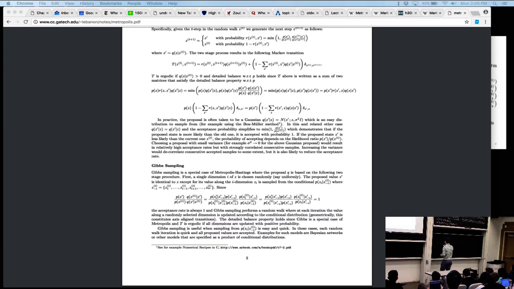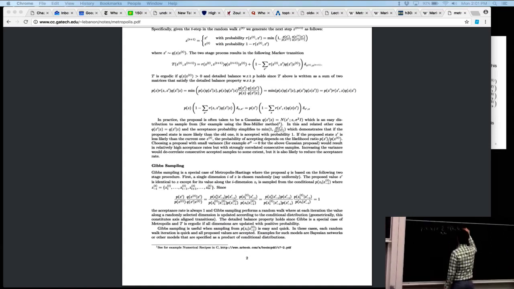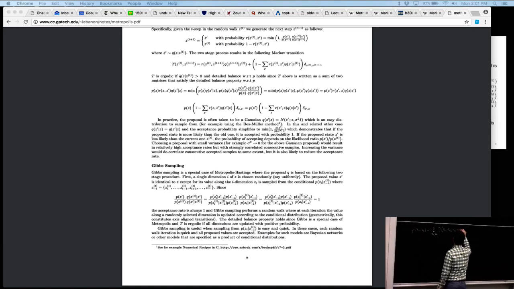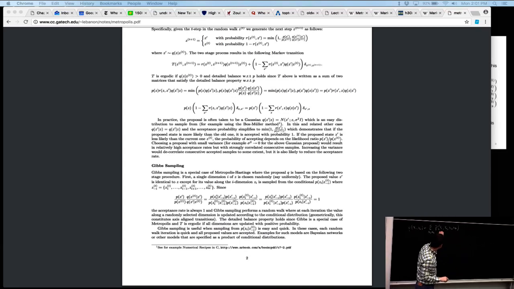The way to get there is to say that p of x1 and x2, and normally I wouldn't even write this because it's almost trivial in the Bayesian network, but if you want to be explicit about it, is the sum over all values of x3 and x4. These are little ones, actual instantiations of the values, of the product of these things. So p of x1, x2, x3, and x4. Then you plug in the expression of probability there.